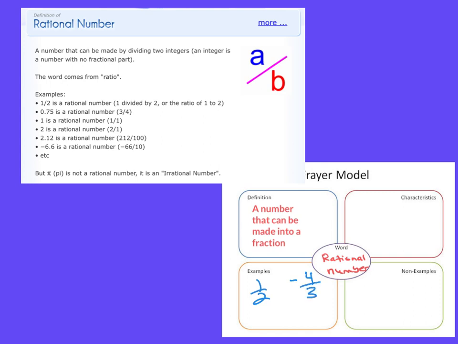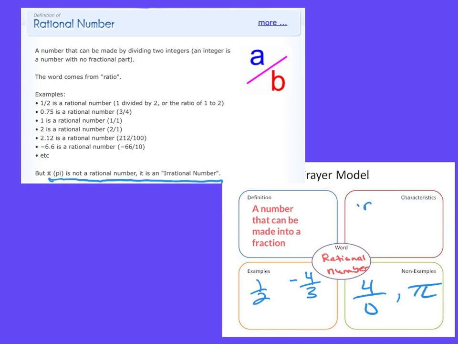Great examples. Non-examples, well, we learned that we can't have something with 0, so let's go 4/0. And also, you cannot have pi. Pi is not a rational number because it's irrational, which means it never ends. So if we have a never-ending number like pi, it can't be one spot on a number line, so it's irrational.